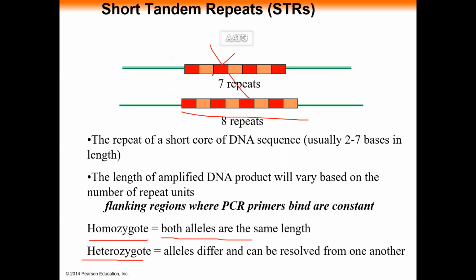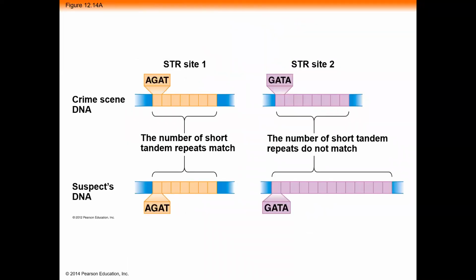And so this particular marker here, AATG, is just one of the ways you can identify someone, particularly at a crime scene, by looking at that person's short tandem repeats.